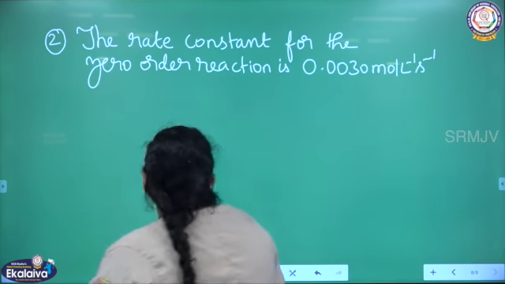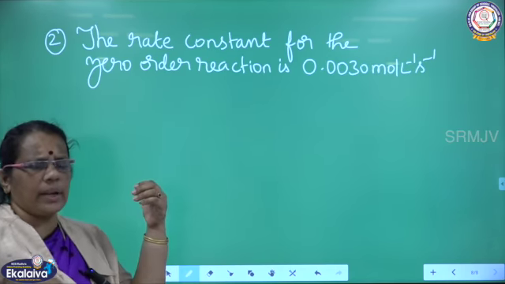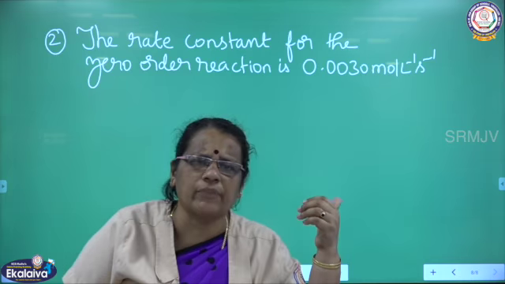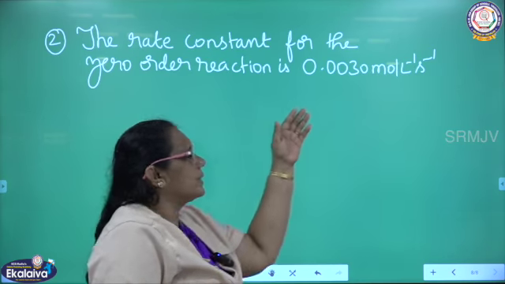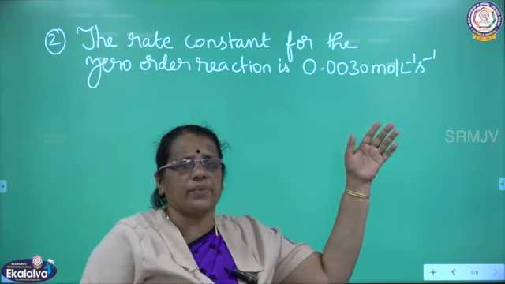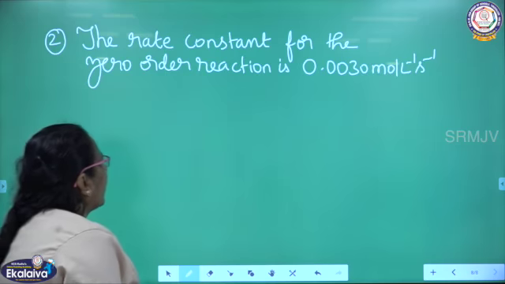So, they have given the rate constant for zero order reaction. The K value they have given for zero order reaction is 0.0030 moles per liter per second.